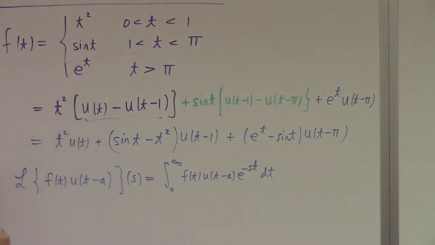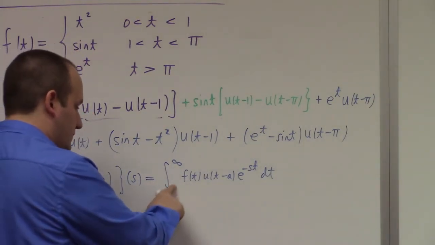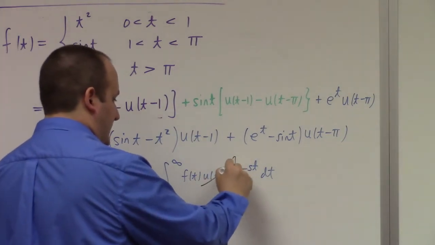To get to the point, u of t minus a switches on at a, so that changes the lower bound from 0 to a, and then this becomes 1. That's a simple way to think of it.